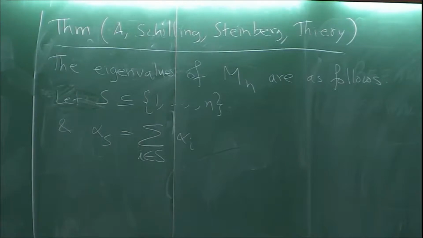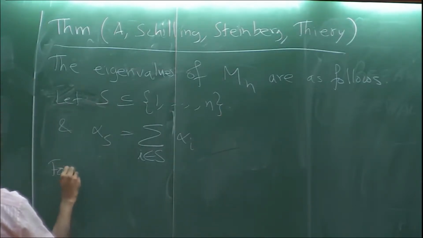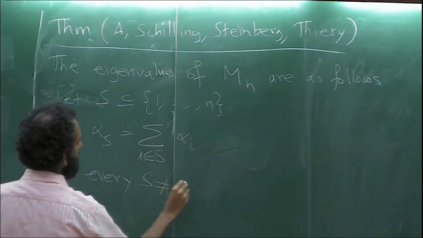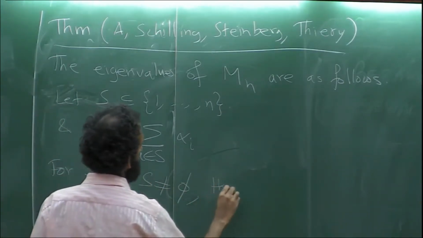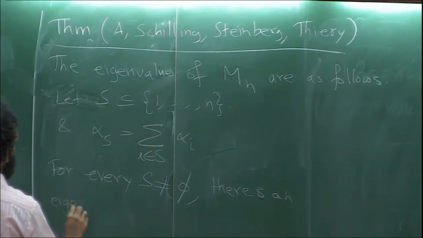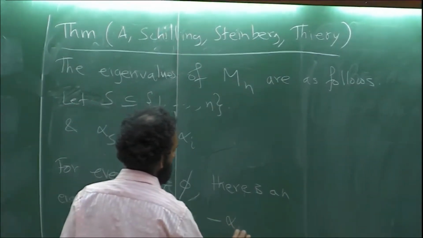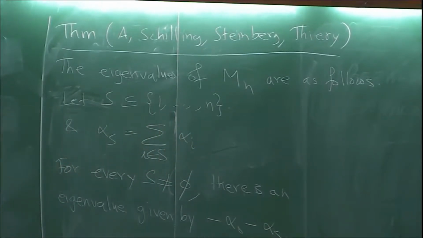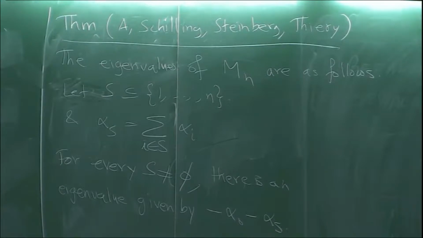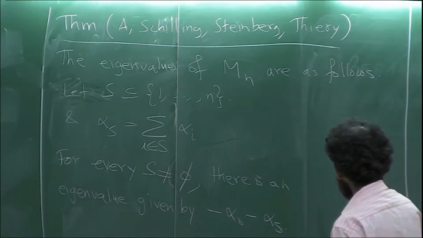So I just add the corresponding alpha i's. Then for every S which is non-empty, there is an eigenvalue given by minus alpha naught minus alpha s. So in particular, all the eigenvalues are linear in the parameters alpha i. Everything is in full generality; I'm not going to assume anything about the alpha i's.